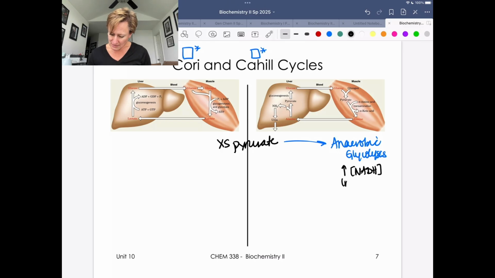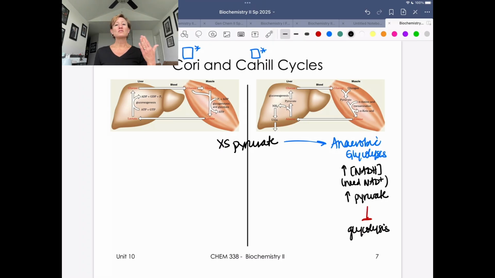You need NAD+ to do more glycolysis, and you're having excess levels of pyruvate. Both of these are going to feed back and inhibit more glycolysis. So if you have some way of getting rid of that pyruvate and regenerating NAD+, that's going to help all the way around.